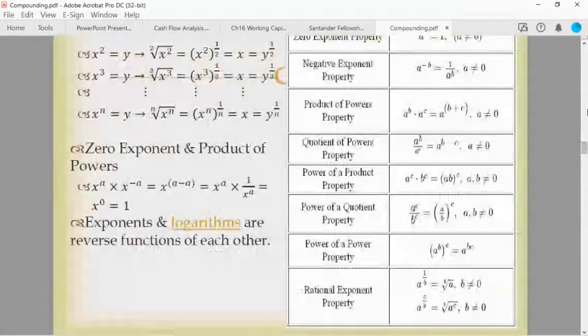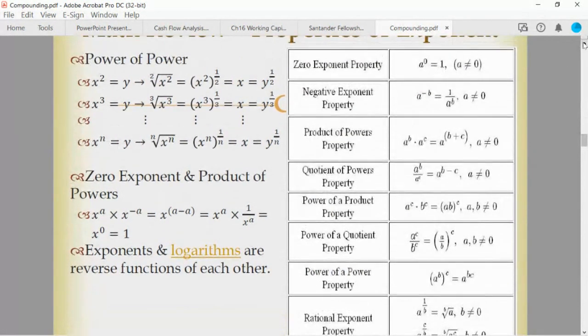So one of the properties of the exponents is this. We know x squared.